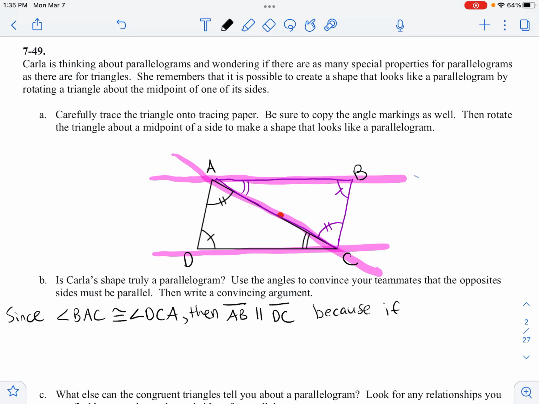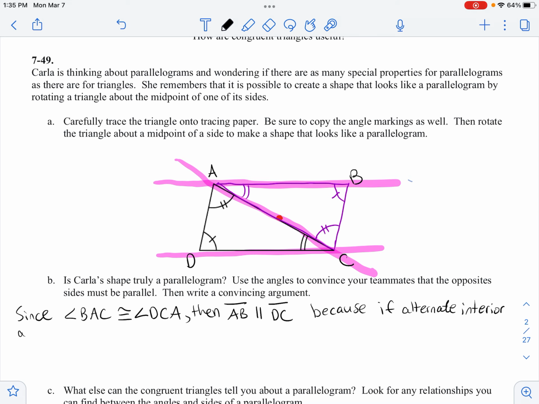And then we can say because we know if alternate interior angles are congruent, then the lines are parallel.